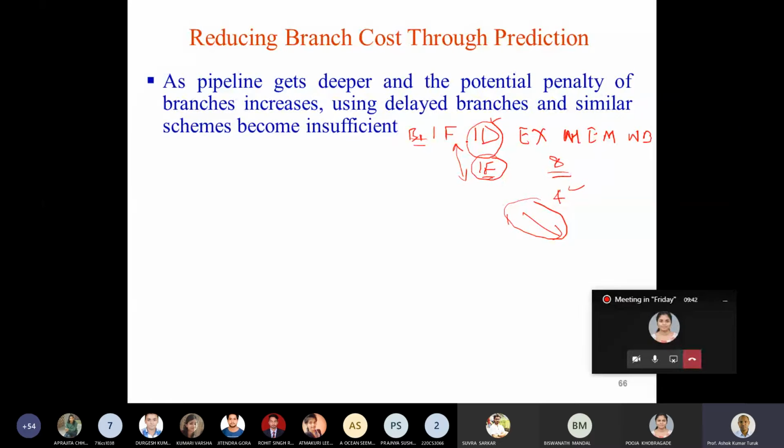So at best we are putting only one useful instruction to reduce that penalty of 1 clock cycle. Figuring out one useful instruction for the compiler may be comparatively easier than if you are losing 2 clock cycles. Suppose the branch is resolved in the memory stage.